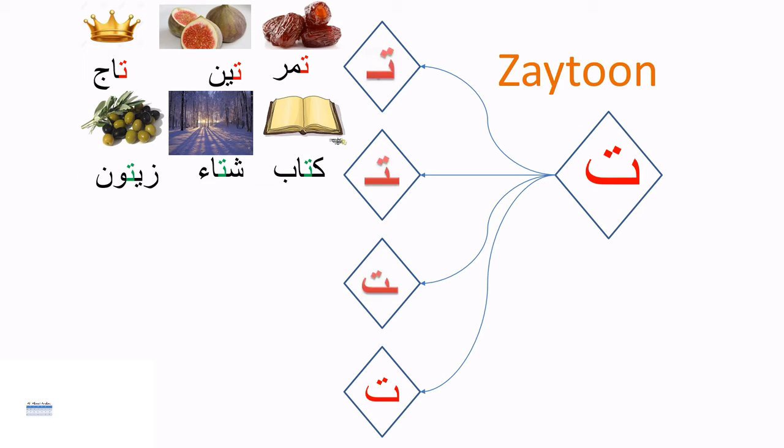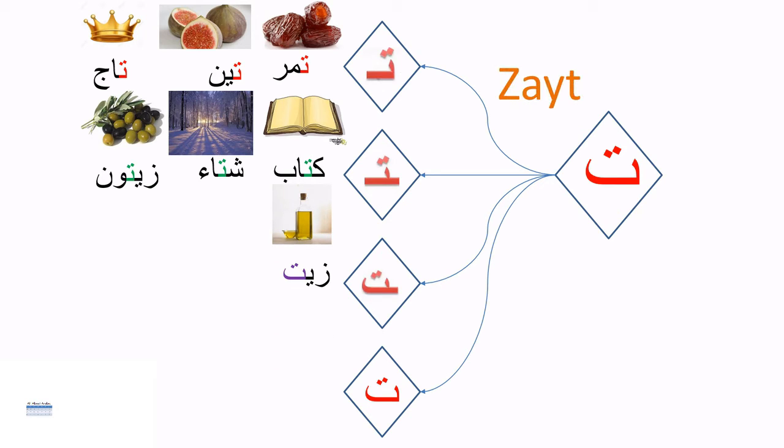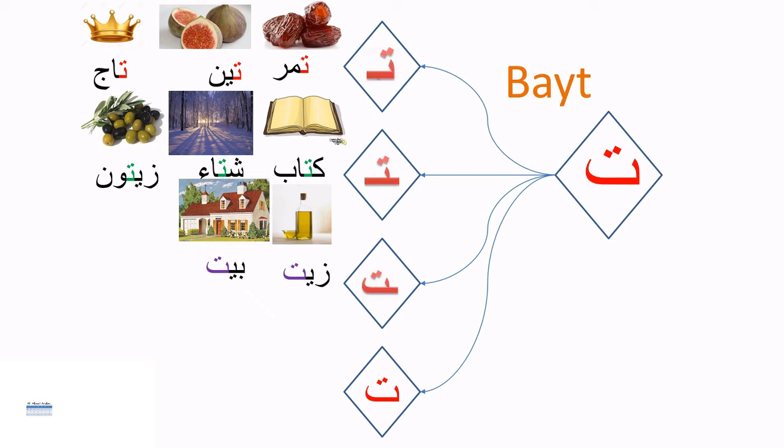Zaytun means olives. Ta at the end of the word but connected to the previous letter. We have zayt, oil, bayt, house, and bint, a girl.